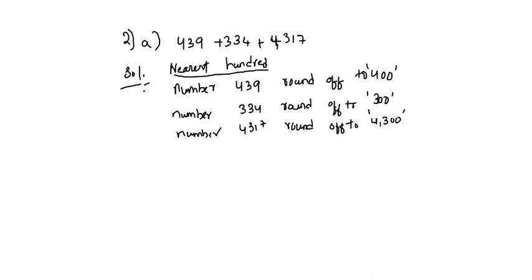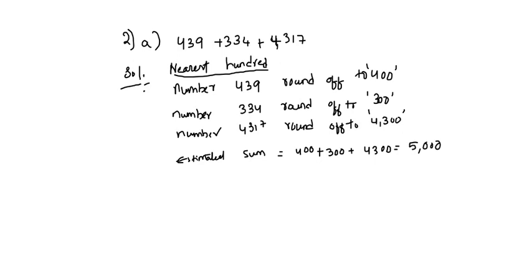So now the estimated sum is equal to 400 plus 300 plus 4300. Now you are getting 5000. So 5000 is the result.